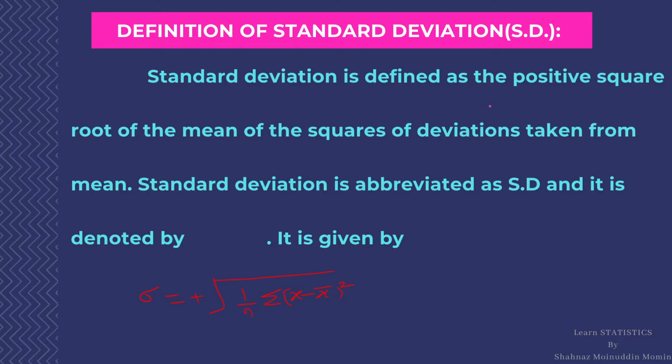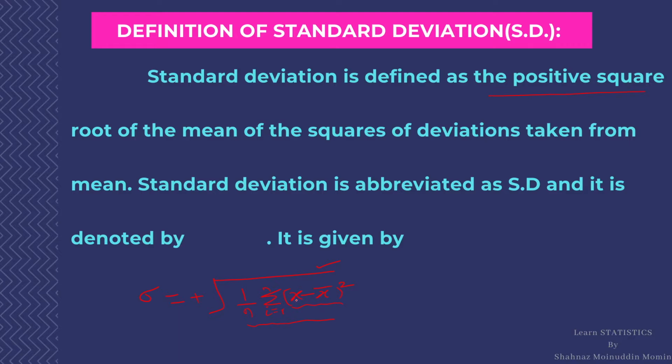Standard deviation is defined as the positive square root of, means this square root, the mean of, mean means summation upon n, this term. Mean of what? Squares of deviations taken from mean.